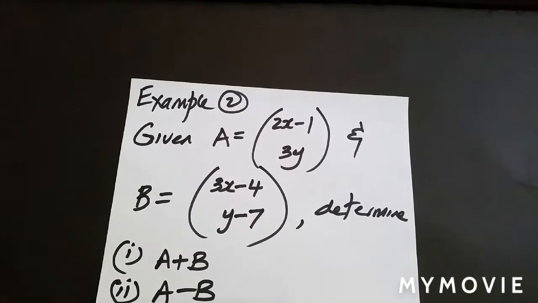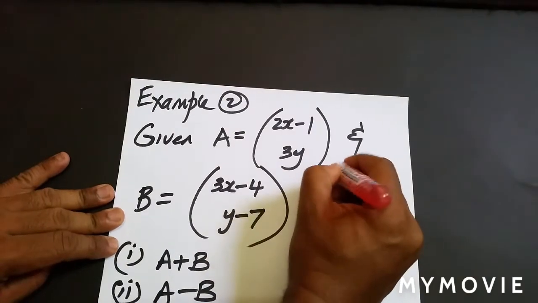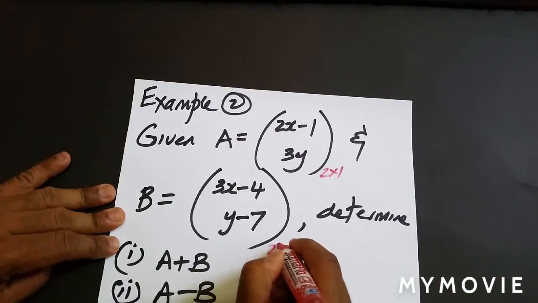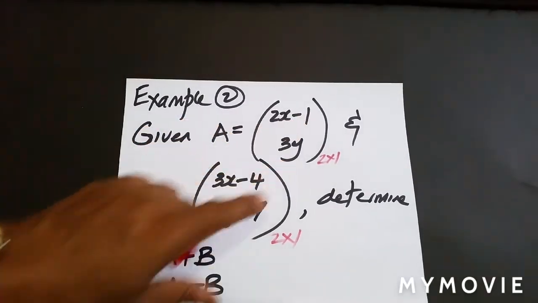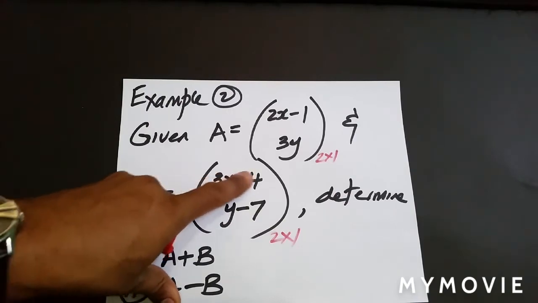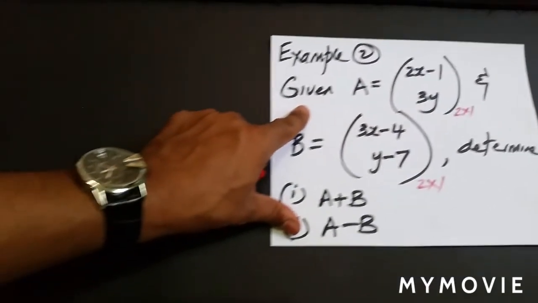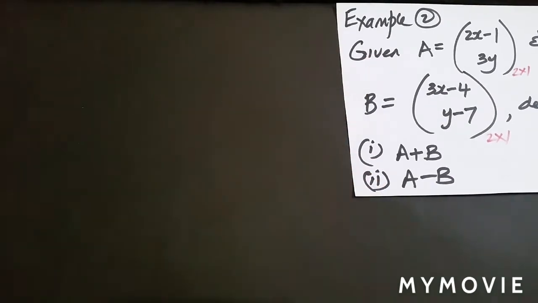So I'm just going to indicate here that this is a 2 by 1 matrix, and this is also a 2 by 1 matrix, because we have 2x minus 1 and 3y, and 3x minus 4 and y minus 7. So this is one element and this is one element here. So we're looking at two 2 by 1 matrices. Let's see if we can work this problem.